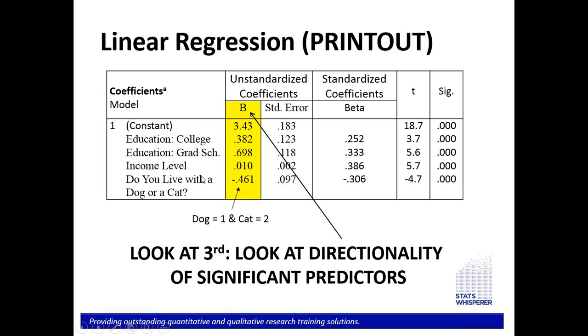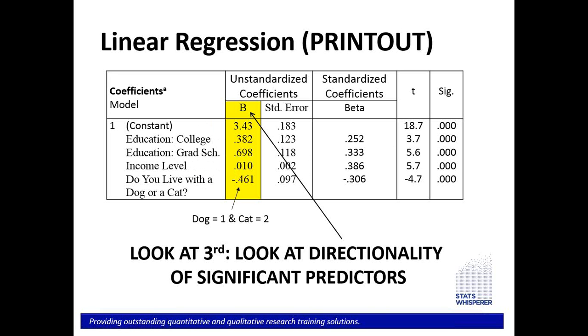All right. Then income level, right? So there's no minus, so it's significant and positive. So it's a significant positive association between income level and level of happiness, meaning as your income level rises, so does your level of happiness.